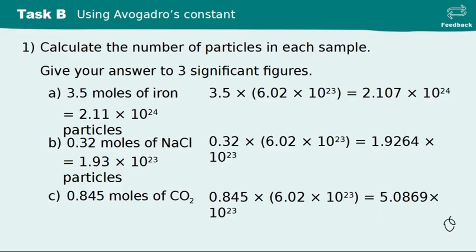And for B, 0.32 moles of sodium chloride multiplied by Avogadro's constant would give us 1.93 times 10 to the 23 particles of sodium chloride, and 0.845 moles of carbon dioxide multiplied by Avogadro's constant would give us 5.09 times 10 to the 23 particles of carbon dioxide, all rounded to three significant figures.